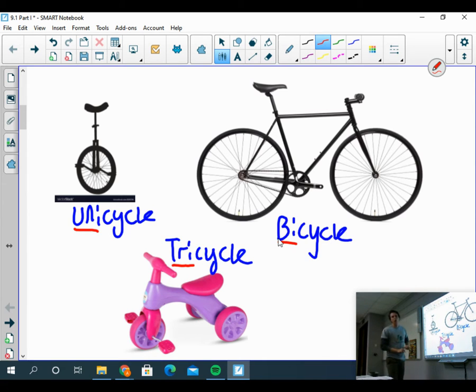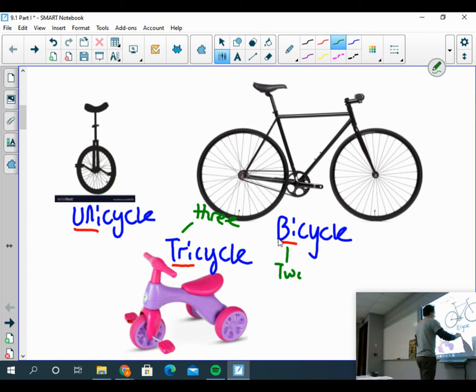A unicycle has one wheel. A bicycle has two wheels. A tricycle has three wheels. The prefix tri means three, the prefix bi means two, and the prefix uni means one.